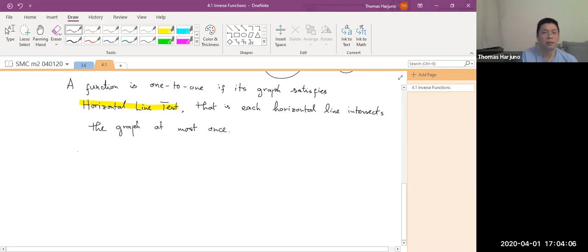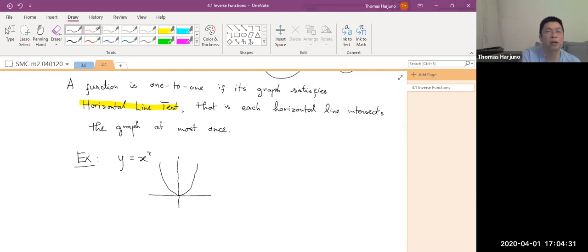Okay, let's see some examples. For example, y equals x squared. We know the graph looks like a parabola. Now, y equals x squared is a function because it satisfies the vertical line test.